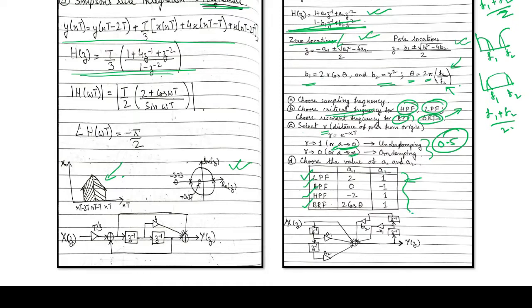For the low pass filter, 2 and 1; band pass filter, 0 and minus 1; high pass filter, minus 2 and 1; and band reject filter, 2 cos theta and 1. Here, look at this, it is easier to remember: A2 is 1, minus 1, 1, 1. Band pass has minus 1, and in the others A1 is 2 or minus 2. Low pass filter is 2, high pass filter is minus 2, band pass filter 0, and band reject filter 2 cos theta.